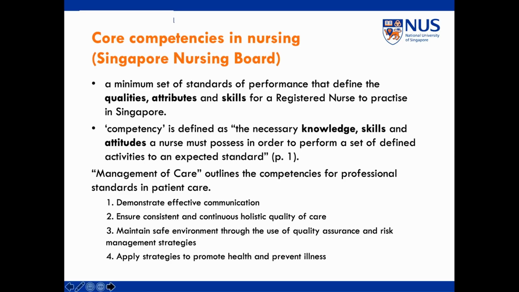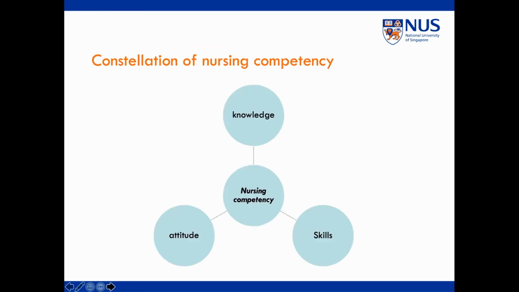So it's interesting to see how they can use a single incident, and I'll show you what I mean by this, and relate it to these different aspects. Now they pick something like nursing competency, and then they break it up into what nursing competency means in relation to knowledge, to attitudes, and to skills.